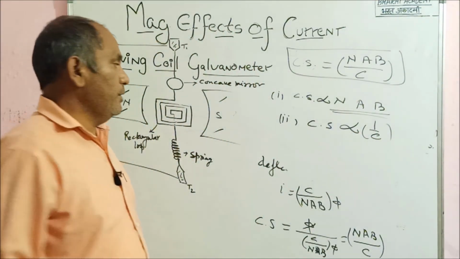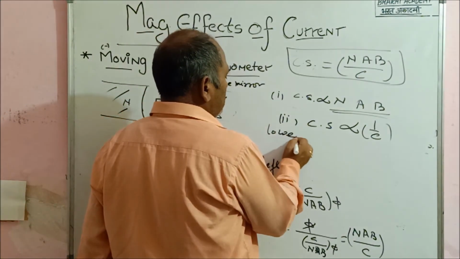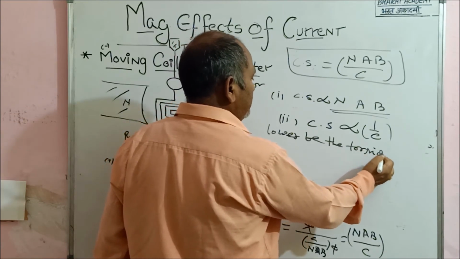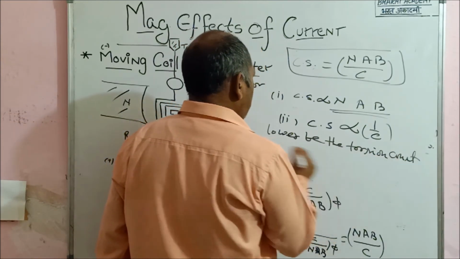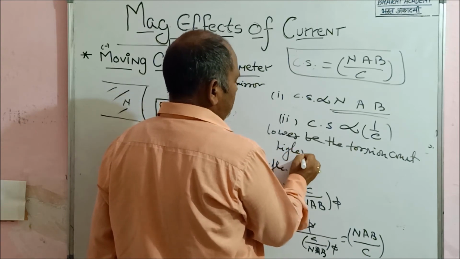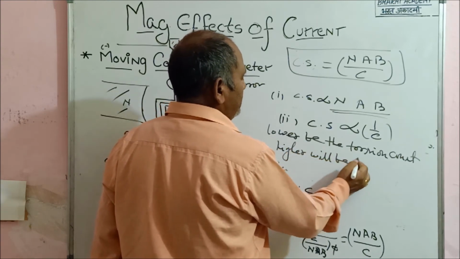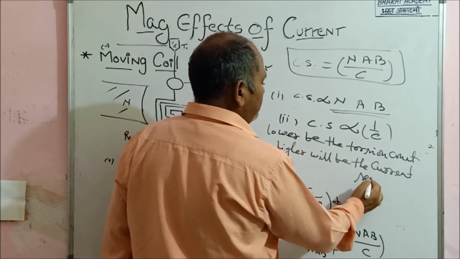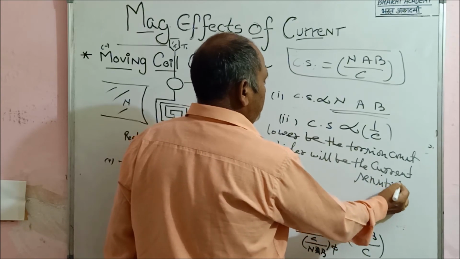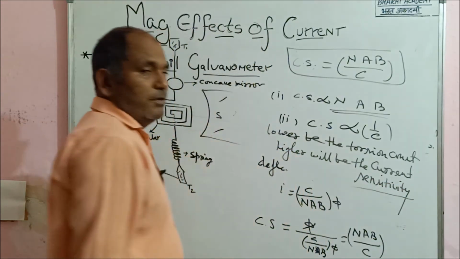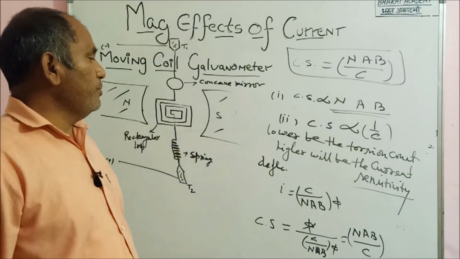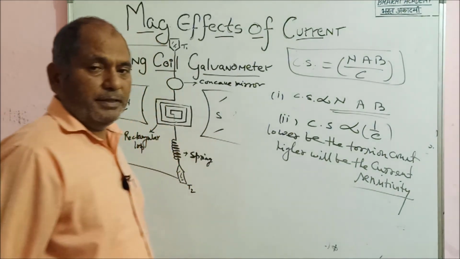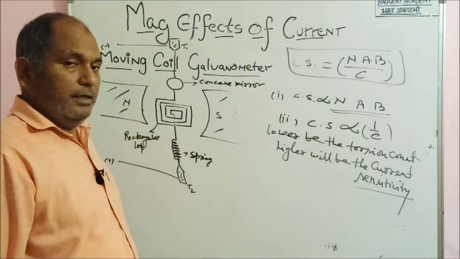Means the lower the constant, the higher will be the current sensitivity. If we want to increase the sensitivity of a galvanometer, the torsion constant should be least. That's why we were using phosphor bronze as a metal strip as well as a spring, right?